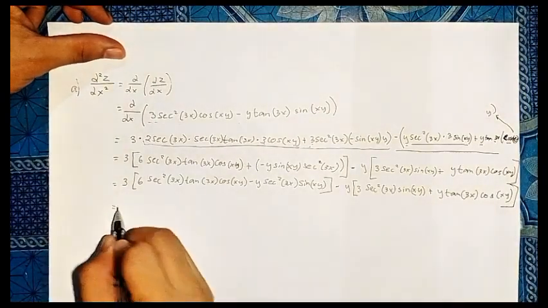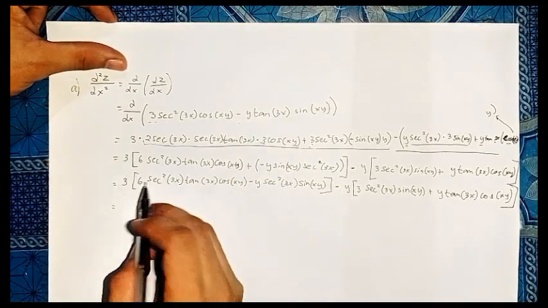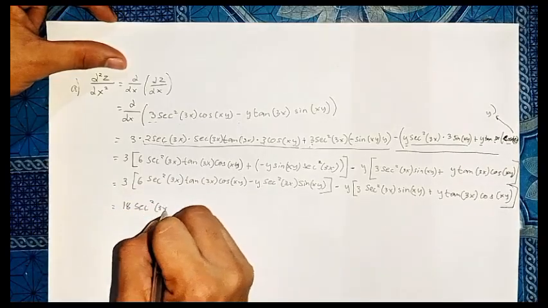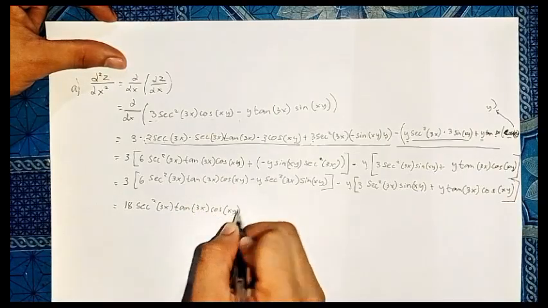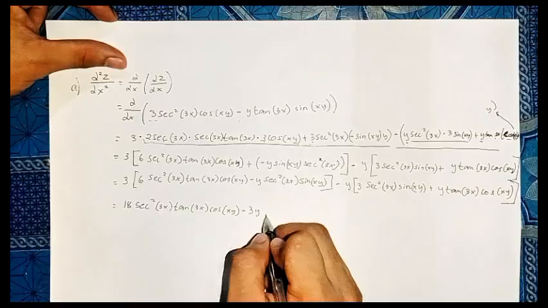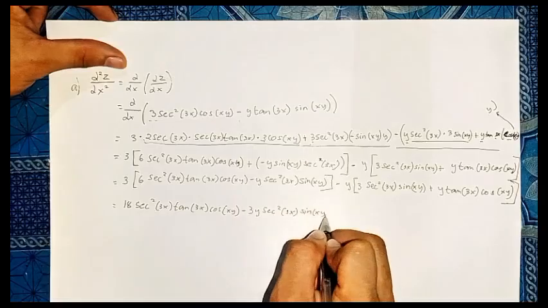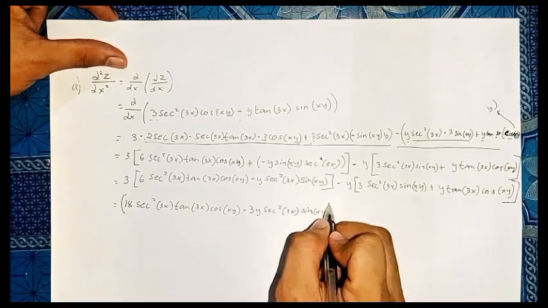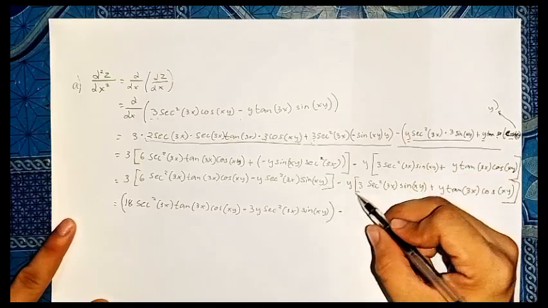Next, let's distribute the 3 and the y. So, 3 times 6, we have 18. 18 secant squared 3x tan 3x cosine xy minus 3 times y, we have 3y secant squared 3x sine xy. Then distribute the y.